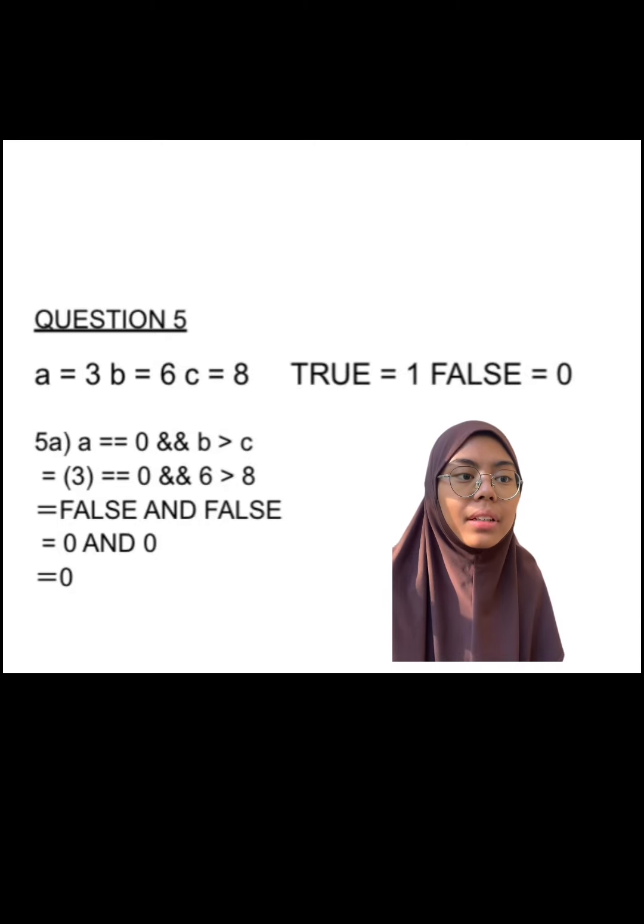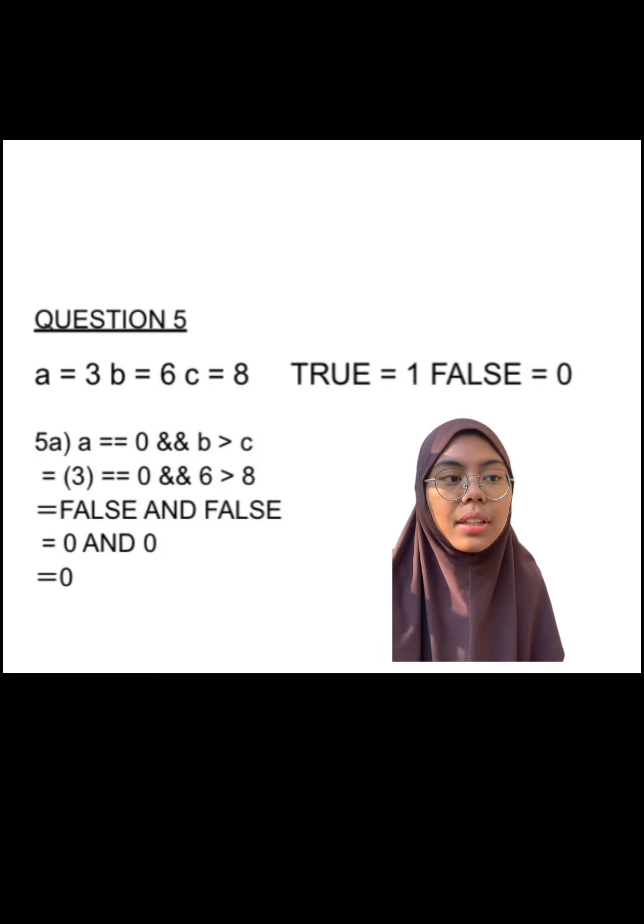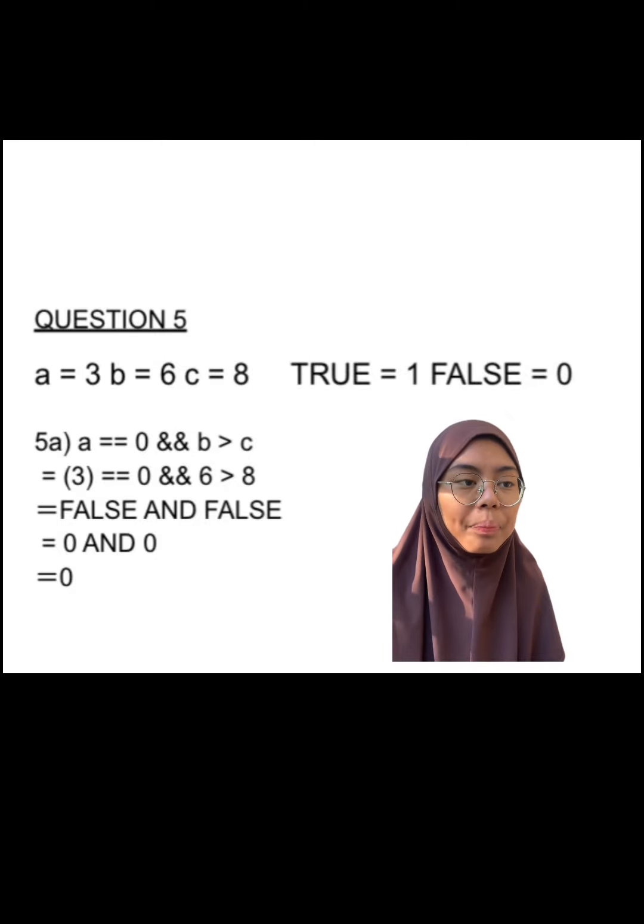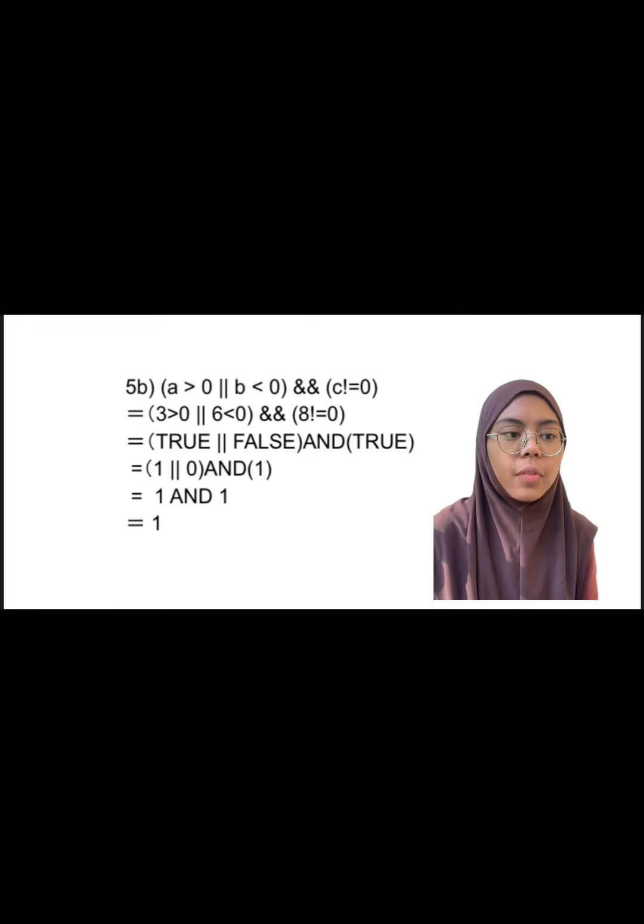Then the bigger is just normal. So we substitute A, B and C with their values. So 3 equals 0, it is false. And we just write down and 6 bigger than 8, it is false. So we get 0 and 0. So the answer is 0.